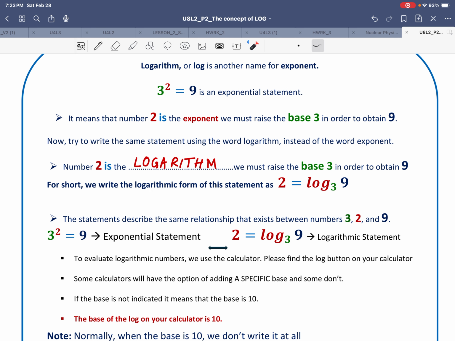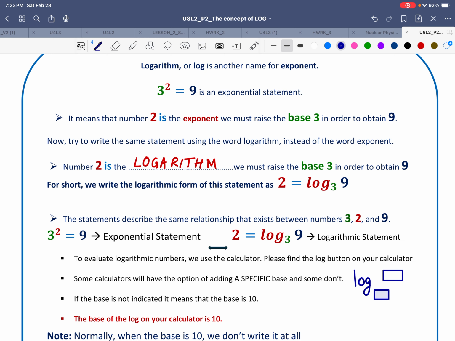Now, to evaluate logarithmic numbers, we use a calculator. So this is a logarithmic number, right, whose value is 2. Now, I want you to find the log button on your calculator. And in some calculators, you will see that when you press the log button, you will probably have two boxes next to log.